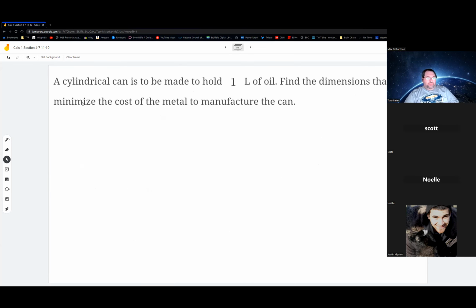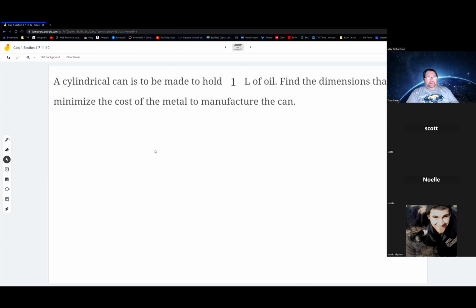So one of the things that we can now start to look at is how to minimize the cost of objects for manufacturing and other things. This is one of the problems that's actually done quite often. When anybody's manufacturing something, they want to be able to hold the most possible material inside of it, but have the least amount of material to make it.